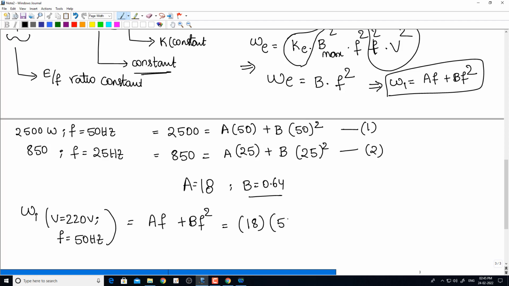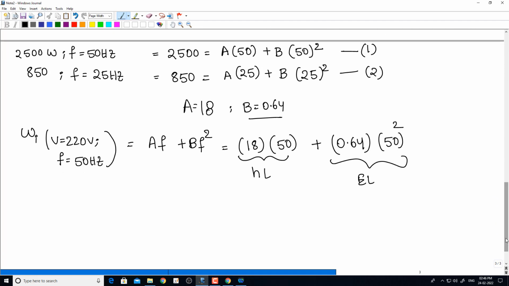Nominal frequency is 50, plus B is how much? 0.64 into square of the frequency, that is 50 square. This is the hysteresis loss component. This is the eddy current loss component.